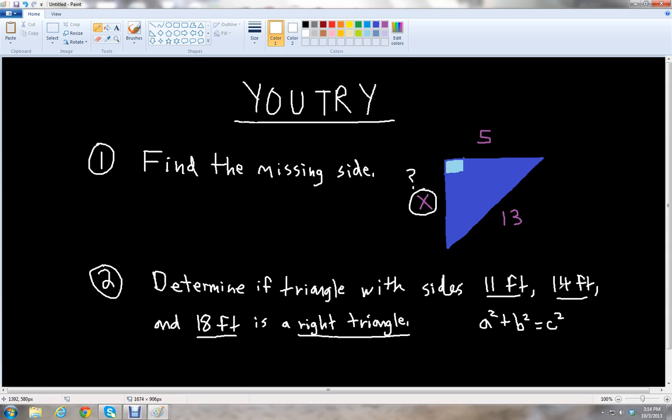Does it form a right triangle? I will give you some time to figure those out. Feel free to pause the video or rewind the video to review the Pythagorean theorem, and then we'll go over the answers.